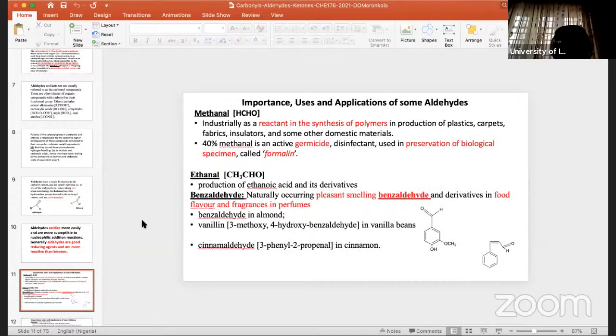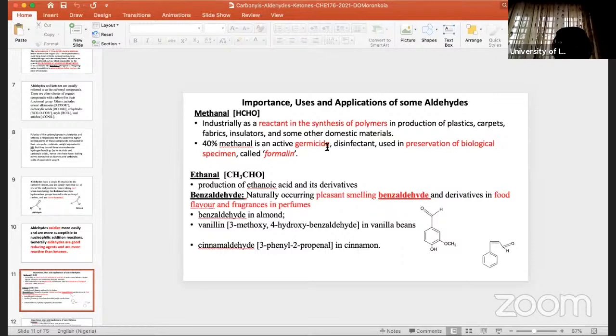Now, as to some examples and trying to consider some of their uses and applications or importance, that is for aldehyde this time. The simplest member, methanal, happens to be industrially a reactant when you are manufacturing polymers in the plastic industry, carpets, fabrics, insulators, and some other domestic materials.